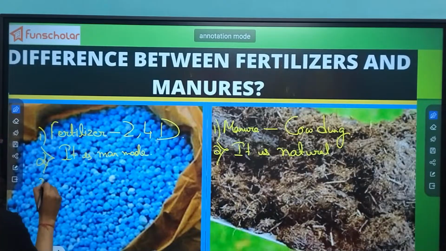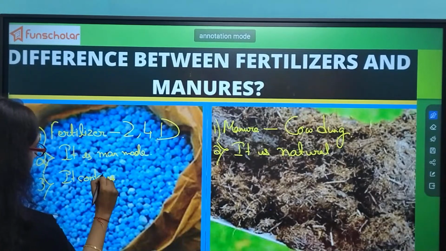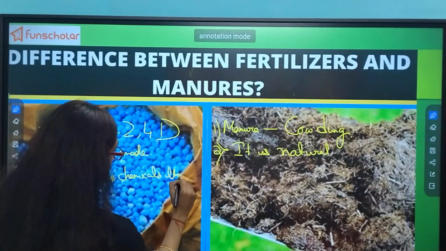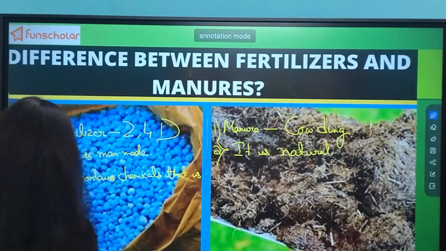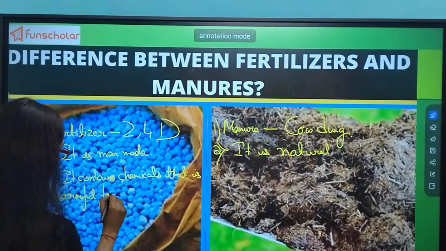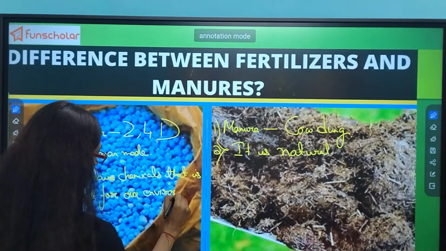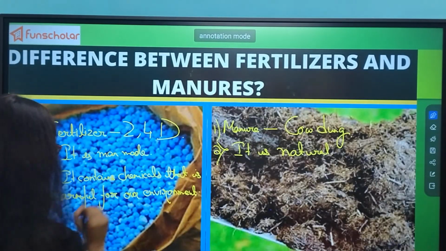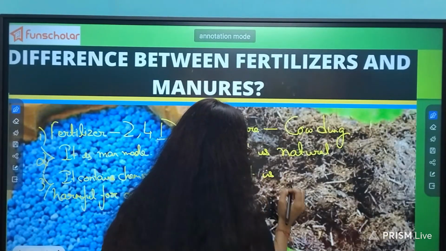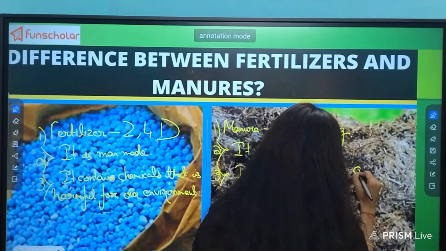Fertilizer contains chemicals that are harmful for our environment. Manure is good for our environment.